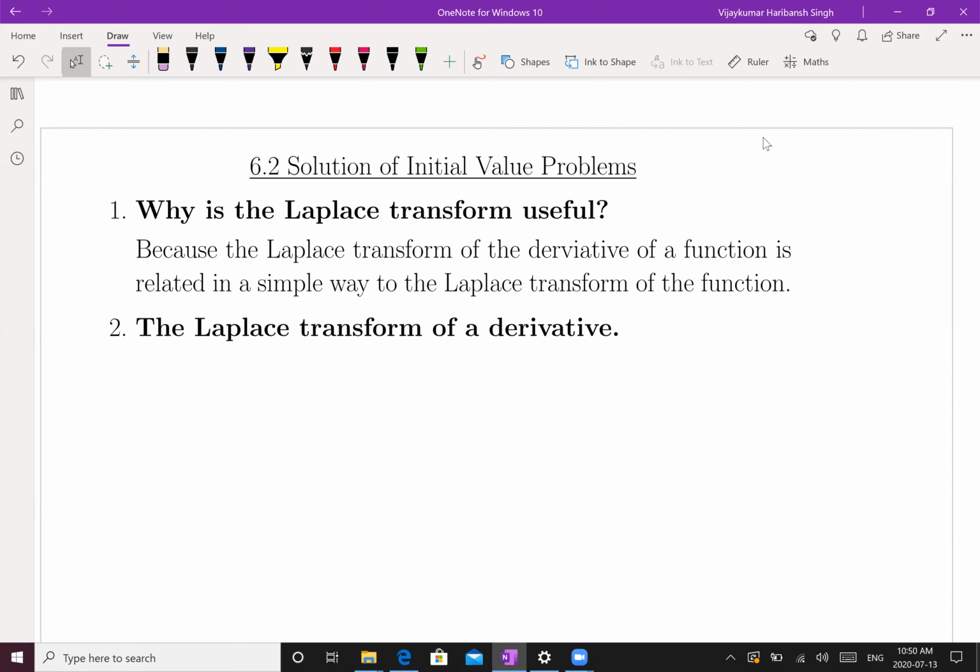So we'll start with finding the Laplace transform of a derivative, right? Because differential equations are essentially equations where there are derivatives, right? So let's start with the following. Let f be a continuous function whose derivative is also continuous.